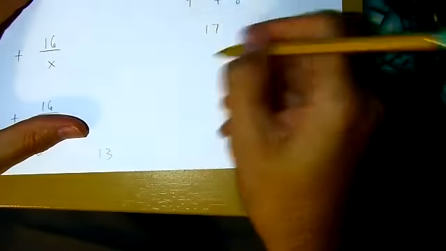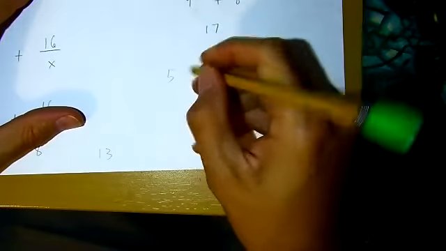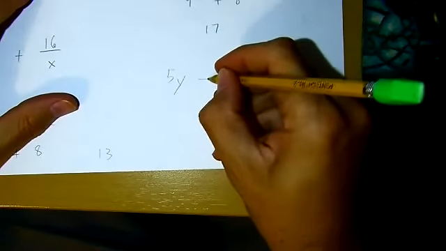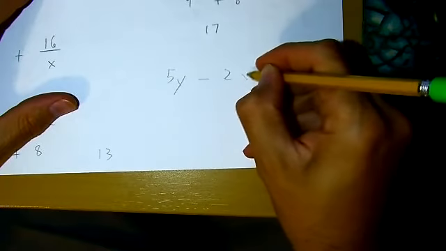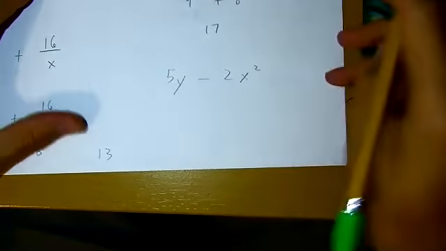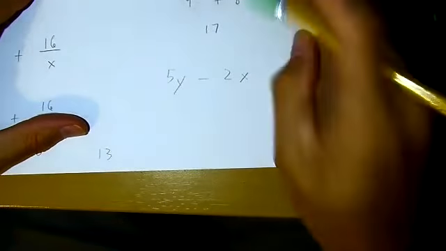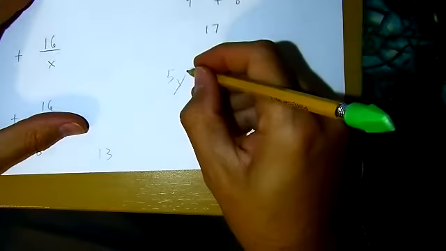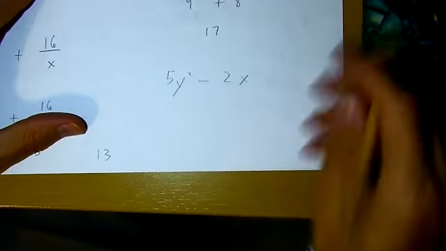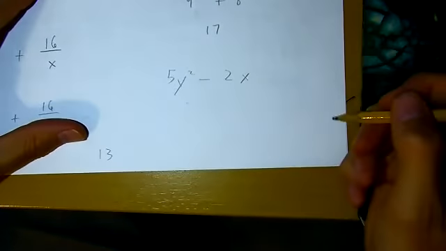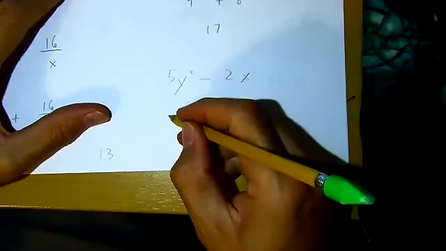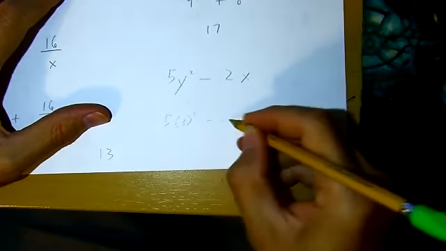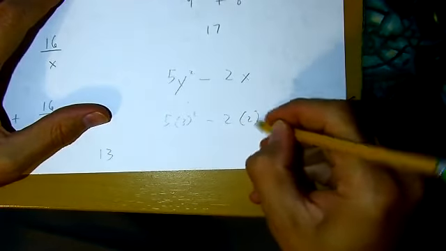You can have numbers in front of variables. Let's change that to squared and leave that just x. So plug in your numbers, which is 3, 2.